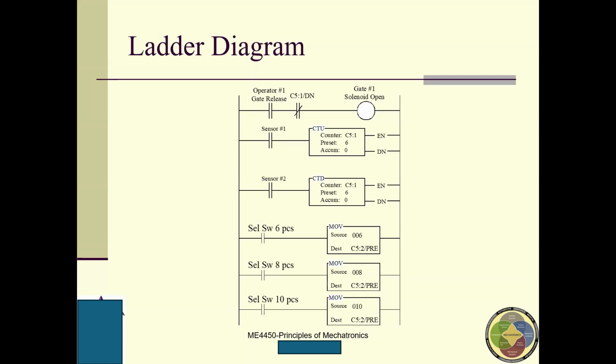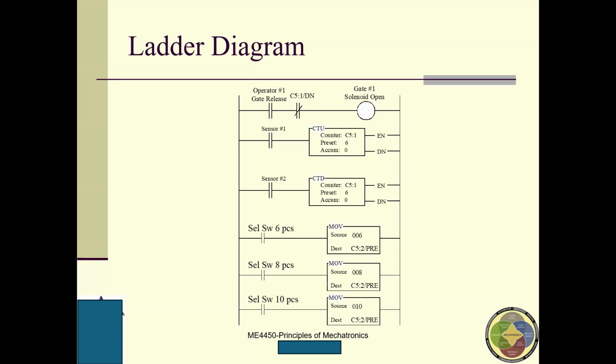These are the instructions. As I said at the very beginning, you can have 6 pellets between 2 sensors, right? And as I said, student B says, I don't want 6, I want 8 pellets. Then you just press this one, and then you just move 8 to the preset value. As I said, this should be a 1. You just change the preset value.